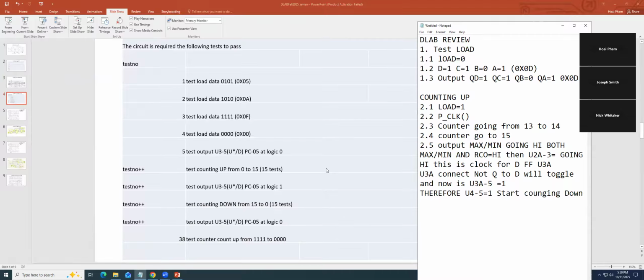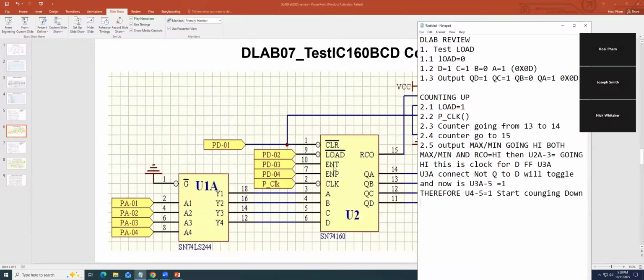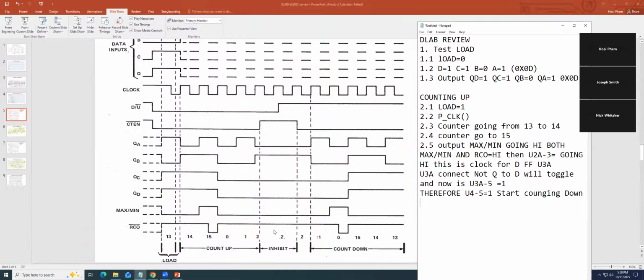Now, you go in here. When they go 15, okay, they count up 0, 1, 2, okay, and when they get this one, and they get a 1 again here, okay.